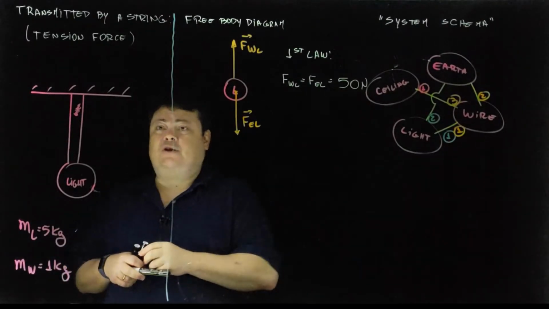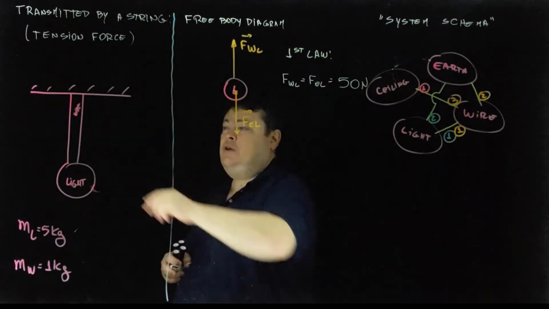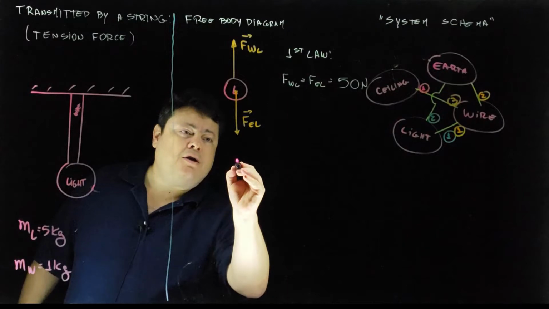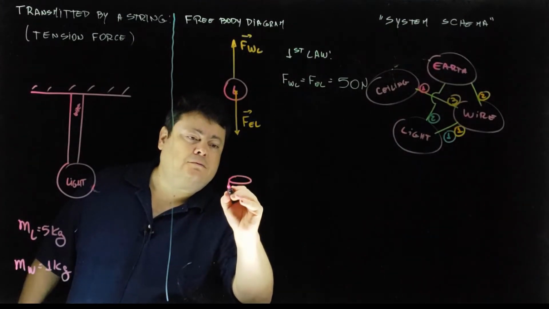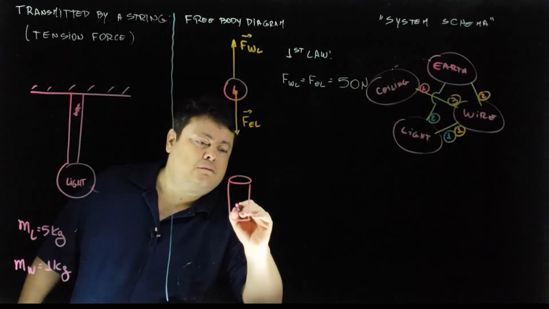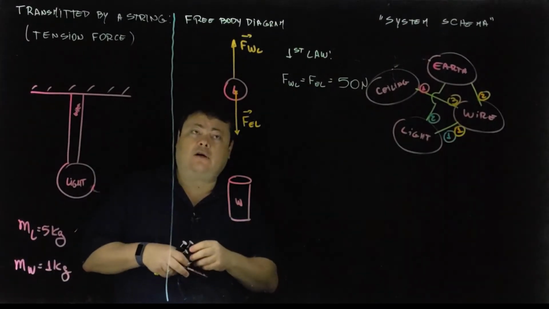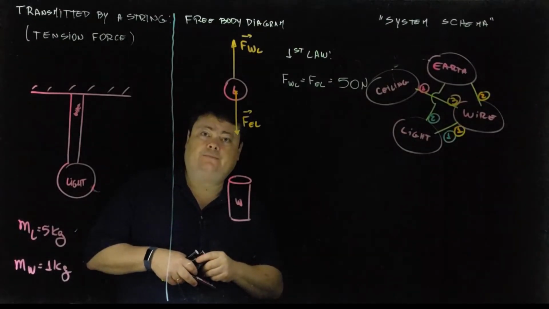The next object in my system now is going to be the wire. So here is a representation of the wire. And let's start now to talk about the forces acting on the wire.